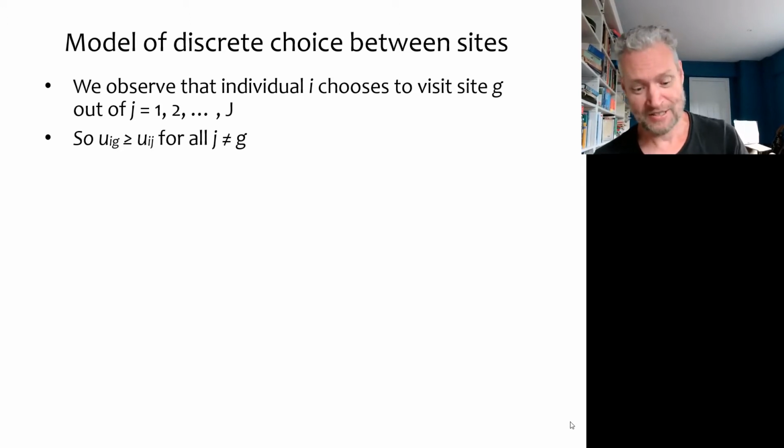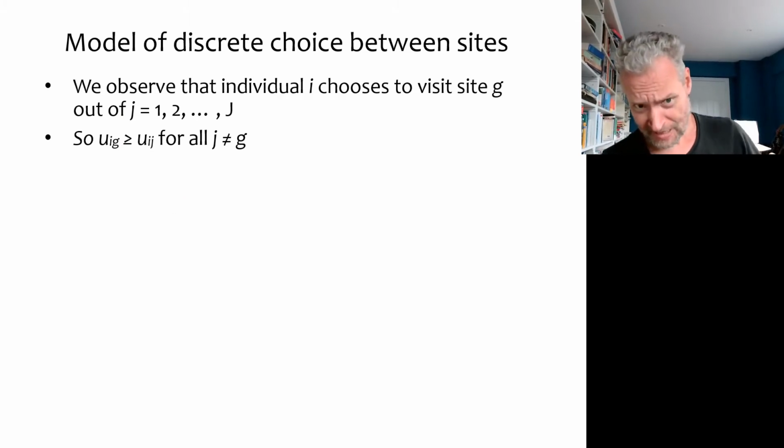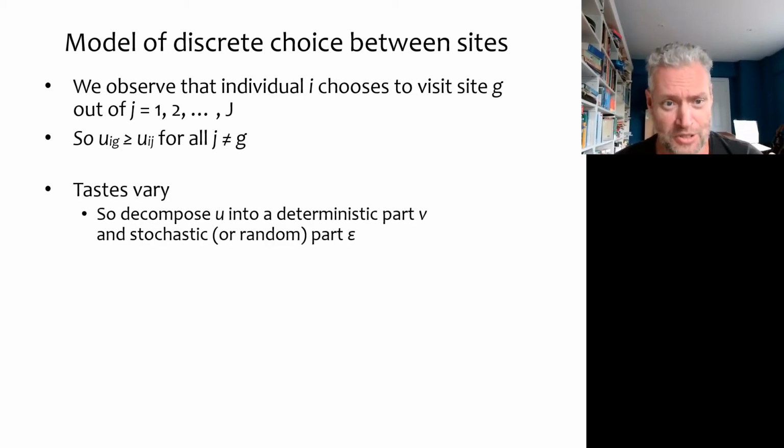Greater utility is derived from visiting G rather than J, so the utility for individual I going to G must be greater than the utility of individual I going to J, because otherwise she would not have gone there, right? So that is the condition that follows from this particular choice.